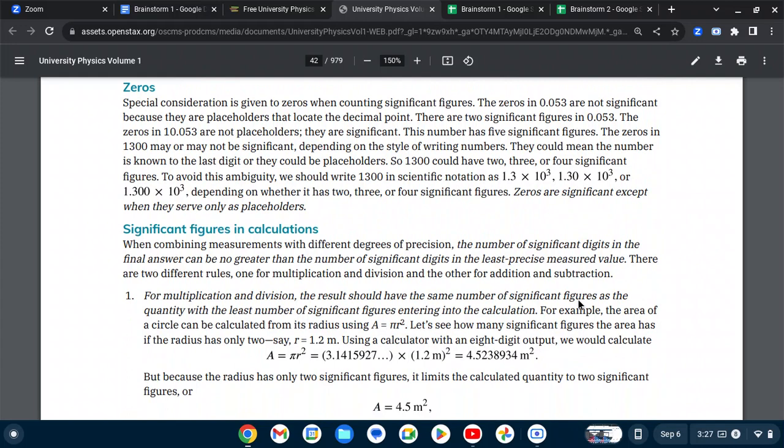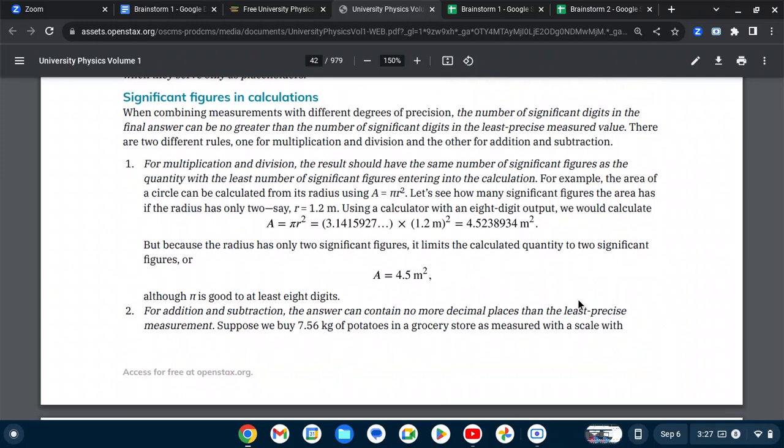Depending on the style of writing numbers, they could mean the number is known to the last digit, or they could be placeholders. So 1300 could have 2, 3, or 4 significant figures. To avoid this ambiguity, we should write 1300 in scientific notation as 1.3 times 10 to the 3, 1.30 times 10 to the 3, or 1.300 times 10 to the 3, depending on whether it has 2, 3, or 4 significant figures. Zeros are all significant except when they serve only as placeholders.